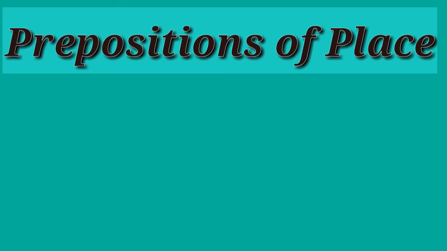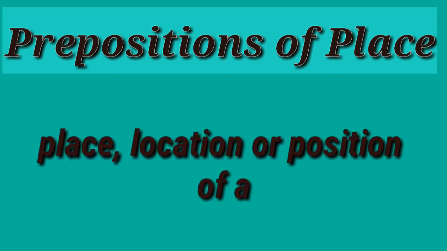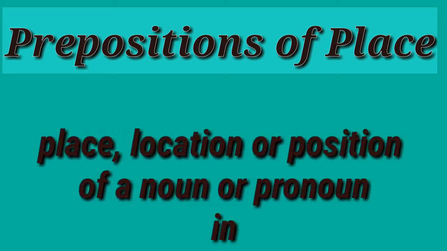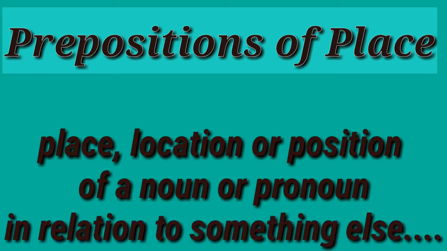The first one is prepositions of place. Prepositions that give us information about the place, location or position of a noun or pronoun in relation to something else are called prepositions of place.